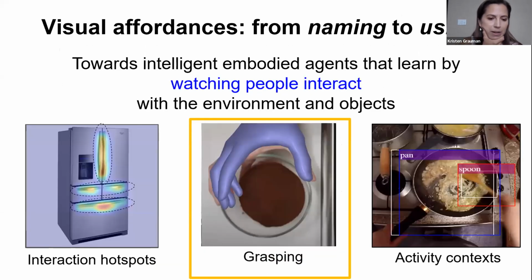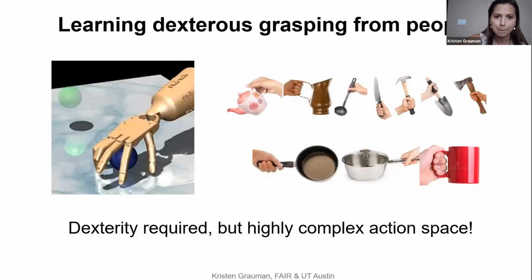Okay, so I've told you about how we can give an example here of taking video and learning from people how they use objects and where. Now let's build on that to influence robot grasping. And we're particularly interested in dexterous robot hands.